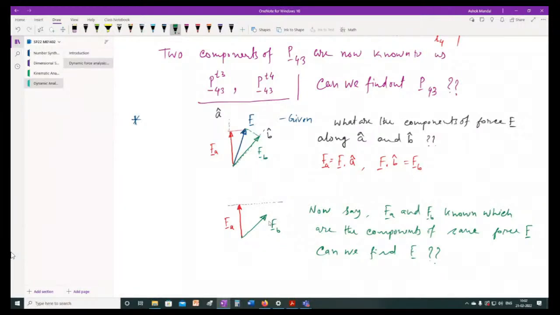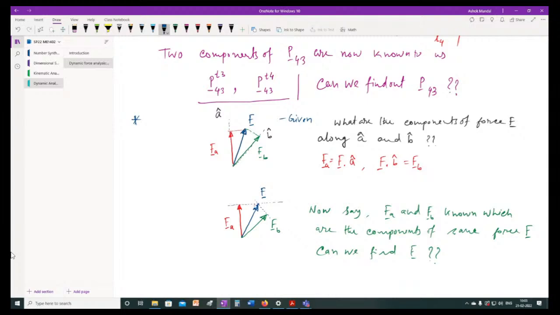Then you will draw another perpendicular line. This is the intersection point, and you will say, well, this is the vector you are searching for. This is F. Got it? Yes, sir.